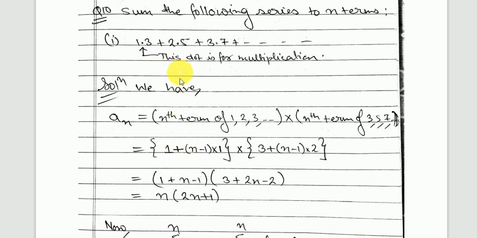Now see over here, this is the first term for this sequence 1 2 3, and so on. This one is the first term. So you write the first term over here. Clear?